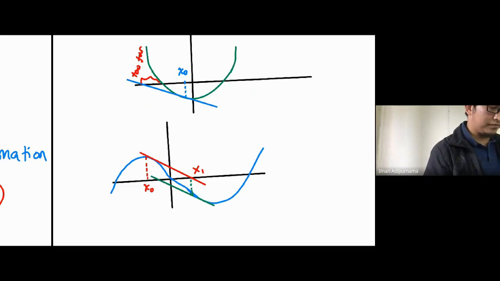So this means I'm starting from this x0. I get x1. And then I get back to the left side, x2. So it means it will be cycles. And you will go round and round, and you will not find these roots.